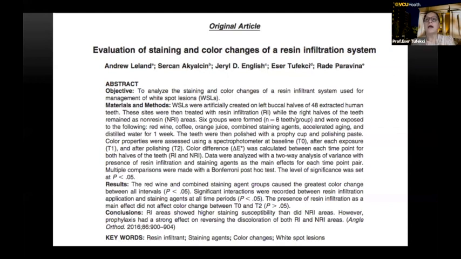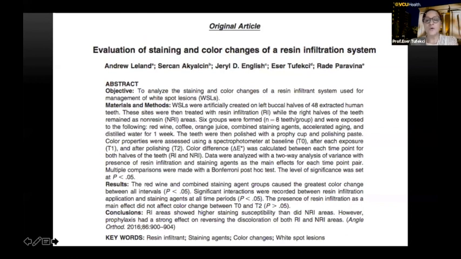Then he applied this resin to these teeth, and then he subjected different groups to various staining products like wine, coffee, and orange juice, and he wanted to see what happens to this resin once you have these staining media in the mouth.